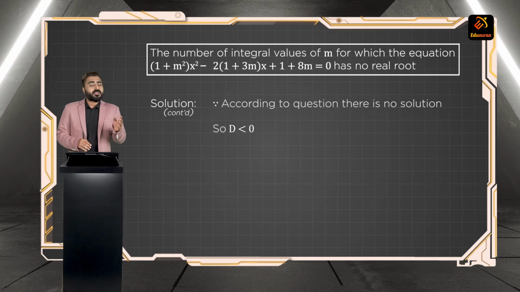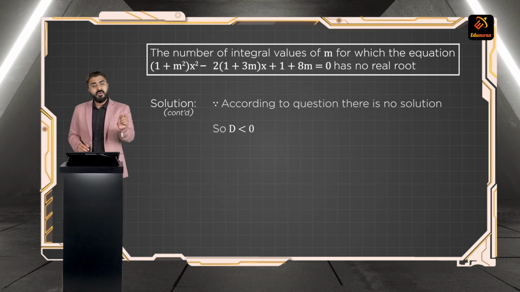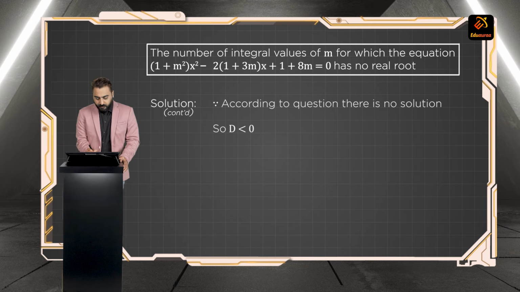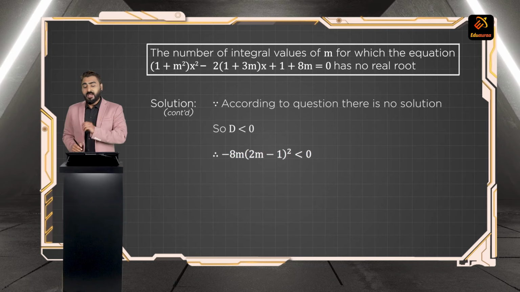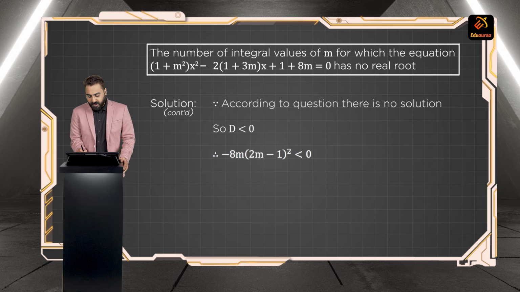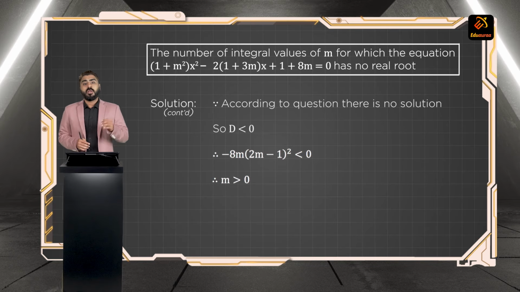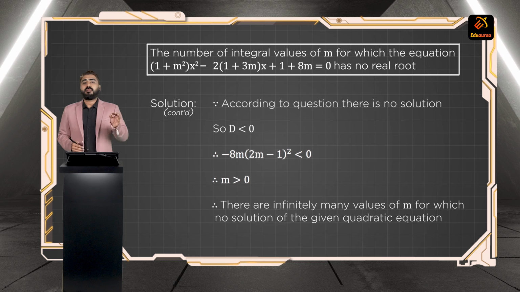So -8m(2m - 1)² is less than 0. From this we can say that the value of m is greater than 0. So students, there are infinitely many values of m for which there is no real solution of the given quadratic equation.